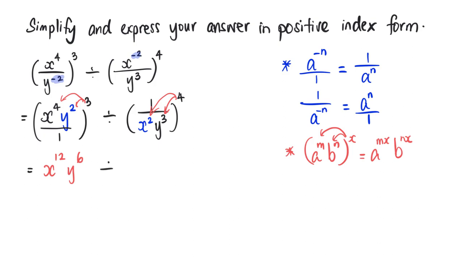We still got to divide by 1 over x power 8, because it's 2 times 4, 3 times 4 will be 12, so y power 12. And we are going to continue. When we divide by a fraction, it's the same as multiplication of the reciprocal.